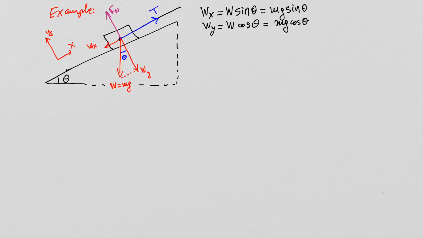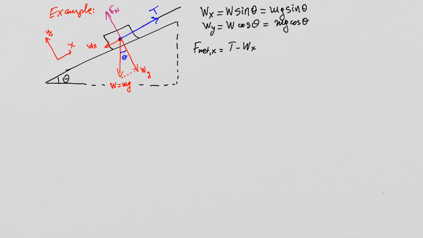Okay, now I'm ready to write Newton's second law for the x and y directions. So the net force in x direction is going to be the tension minus the x component of the weight. Again, the tension points in positive x direction, therefore I take it with a plus sign. The x component of the weight points in negative x direction, therefore I take it with a negative sign.